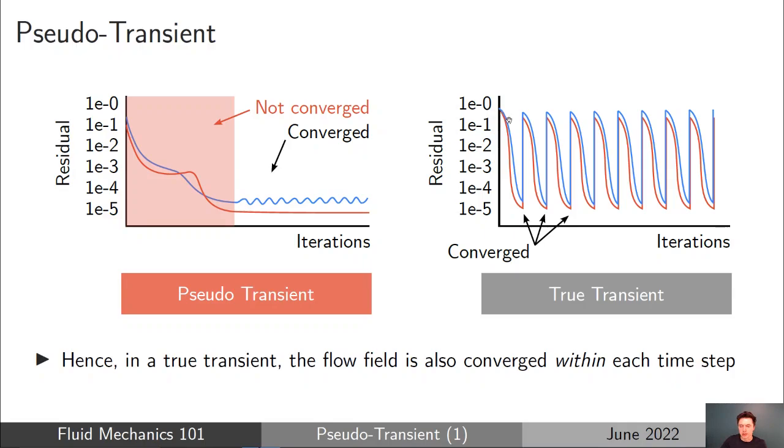And then what we do is that after enough iterations, we find that the equations are sufficiently converged within a time step. And once that point is reached, we then move to the next time step. And you'll often see the residuals jump back up if you look at the residual plot. And so even though these residual plots on this slide are only indicative, they're actually showing you the difference between the two approaches.